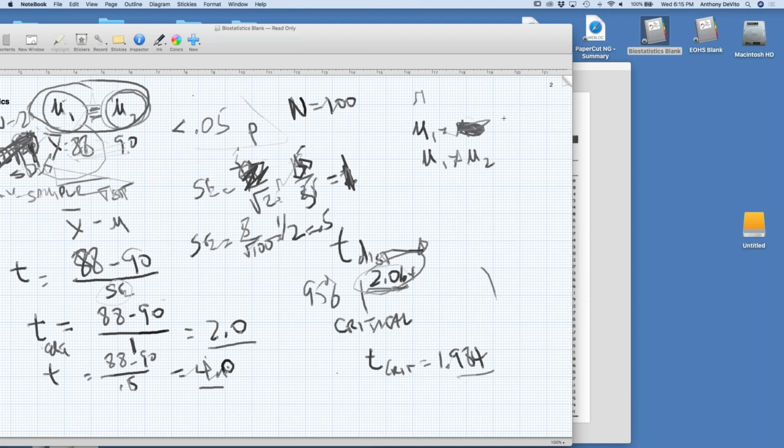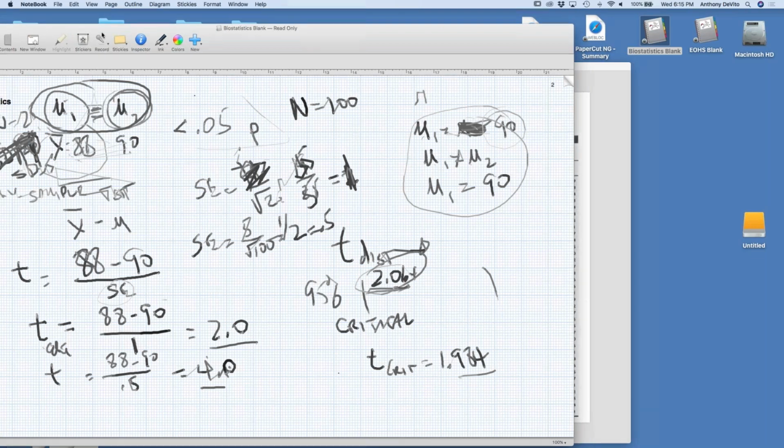We could just write mu1 is equal to 90, which is the same thing, and mu1 is not equal to 90 for the alternative. Either way would be okay. So that's a single sample t-test.